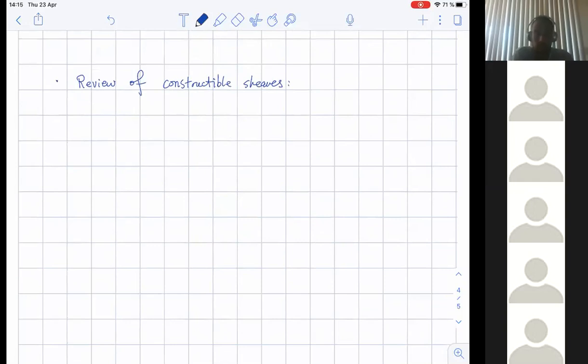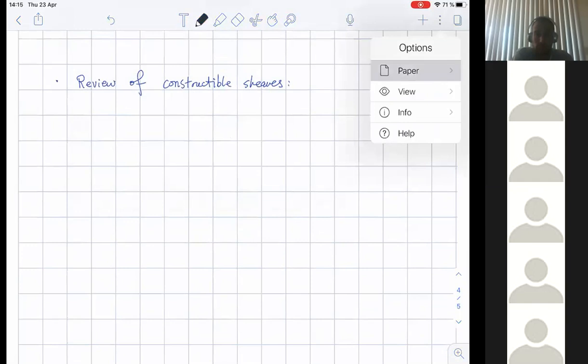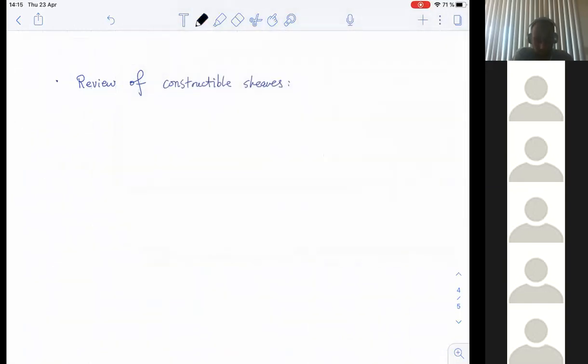So let's say M is a smooth manifold, and suppose we have a stratification, a Whitney stratification.